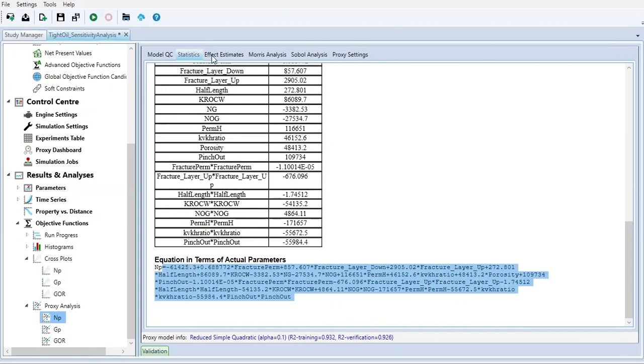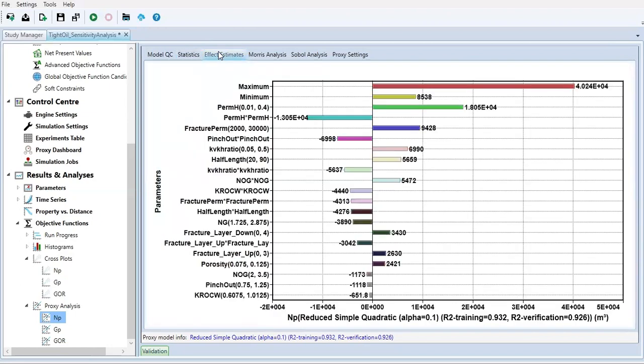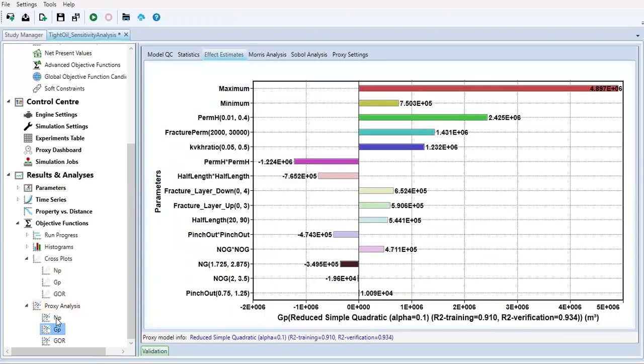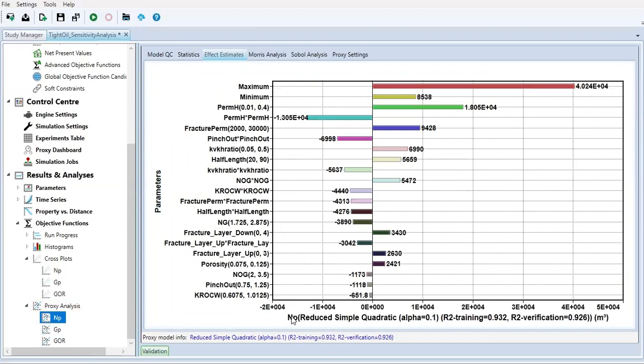And effect estimates, it's also another thing that's very important. We have the parameters, and I'm focusing on the NP. I can also do that for the GP, by the way, but let's focus on the NP. As you can see, we have the maximum and minimum, but the most important thing is the parameters.